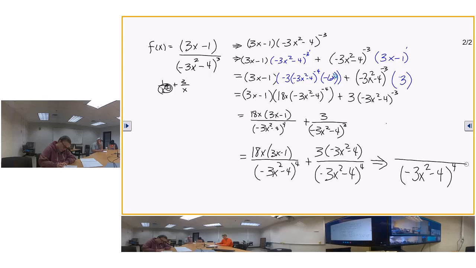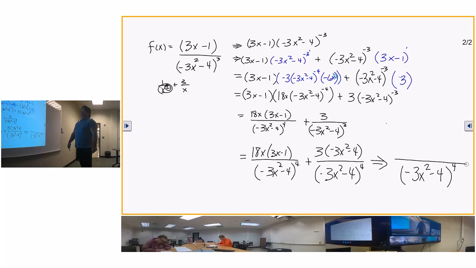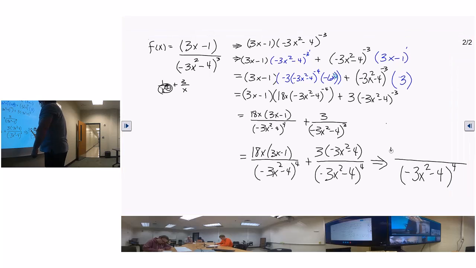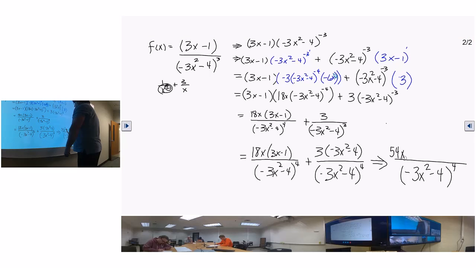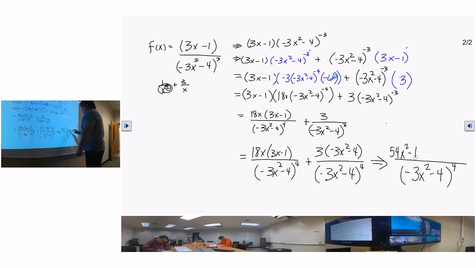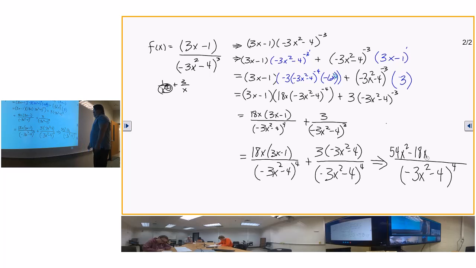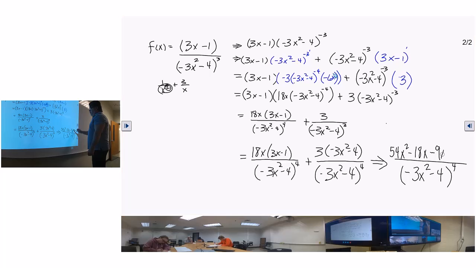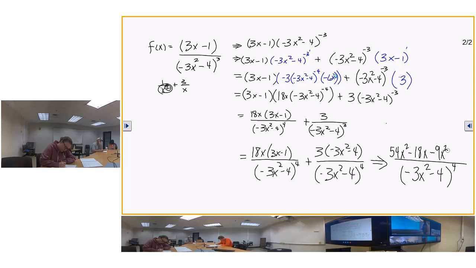What's 18 times 3? 54. So that's 54x squared minus 18x minus 3x minus 9x squared minus 12.